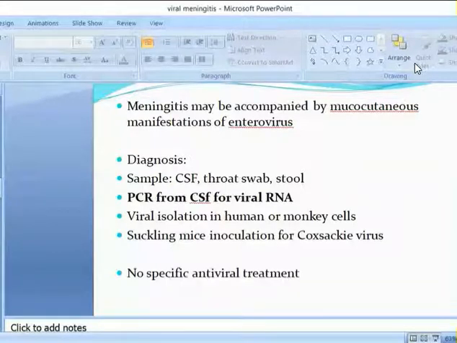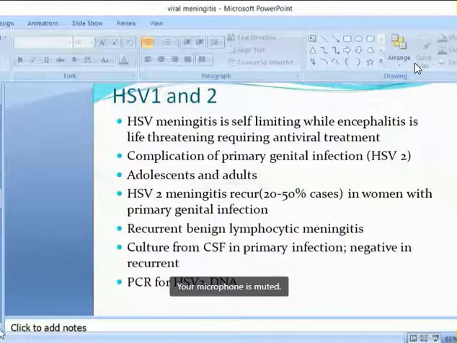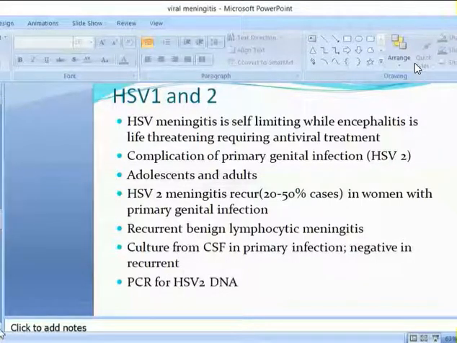The second common virus that causes meningitis is the herpes simplex virus, both types 1 and 2. Meningitis by herpes simplex virus is self-limiting, as is true with other viruses also.